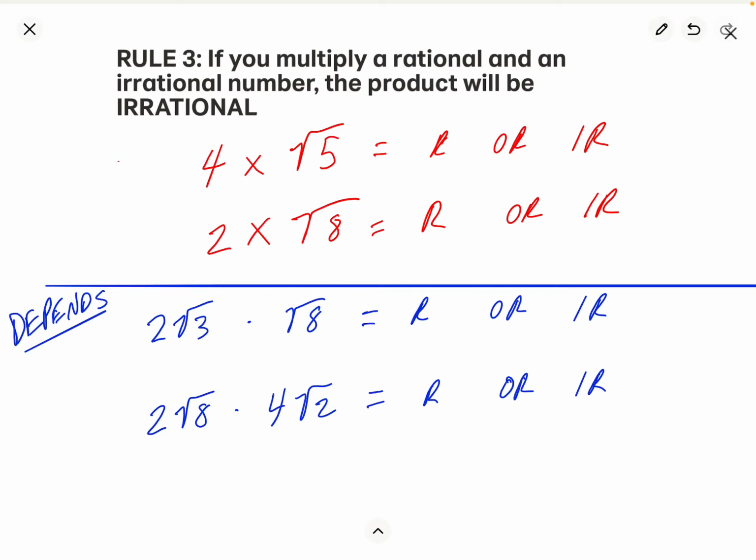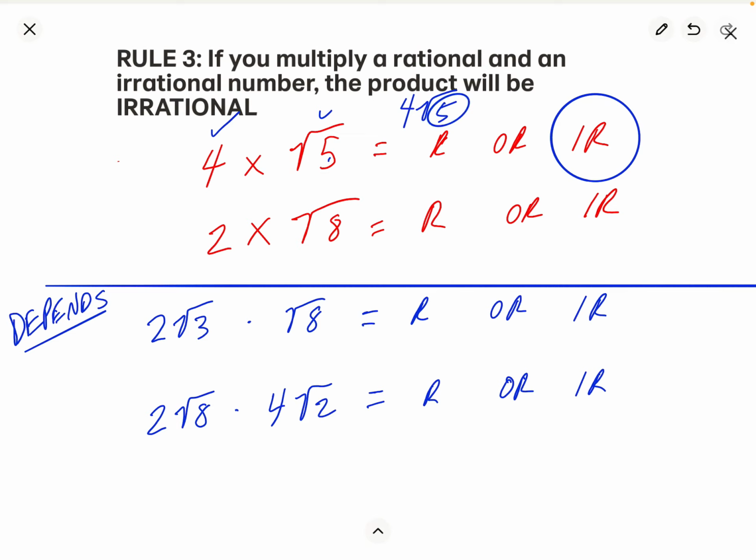But if you multiply any number other than 0 by an irrational number, you're always going to get another irrational number. So 4 times the square root of 5. This is rational. This is irrational because this is not a perfect square. So the answer is just going to be 4 times the square root of 5. I know that that's going to be irrational because this is irrational.